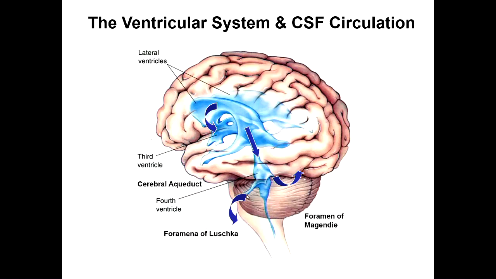In fact, the CSF also passes down into the spinal cord through a narrow hole which is called the central canal, and it escapes through these foramina, Magendie and Luschka, and gets around the outside of the spinal cord as well. So your spinal cord is bathed in CSF as well.